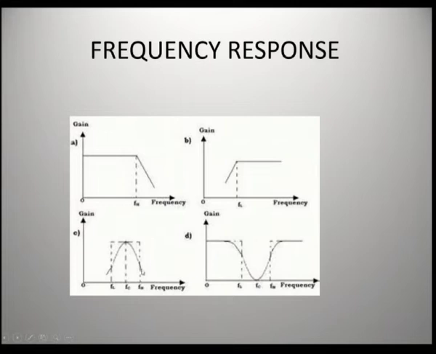After the higher cutoff frequency also no signal is passed, and between these two cutoff frequencies all the signals are passed. And here in the band stop filter, for this particular band the frequency is stopped or attenuated. Outside this band all the frequencies are passed by the filter. These are the frequency responses of all the types of filters.